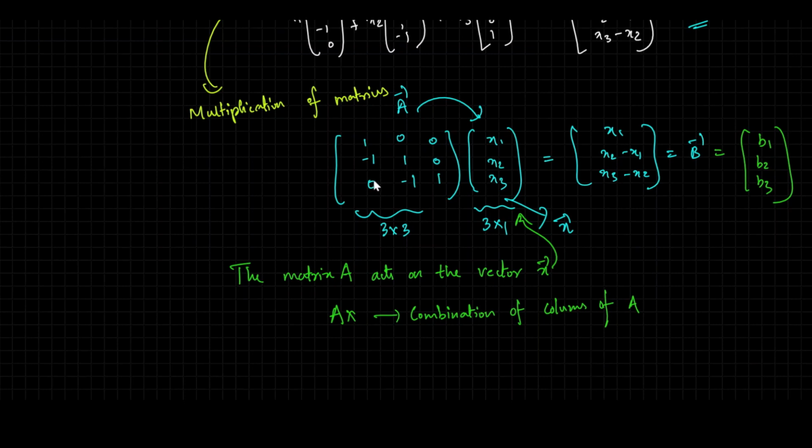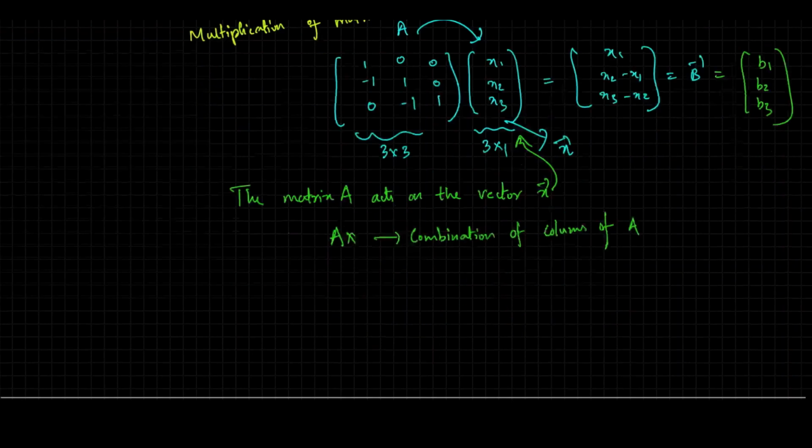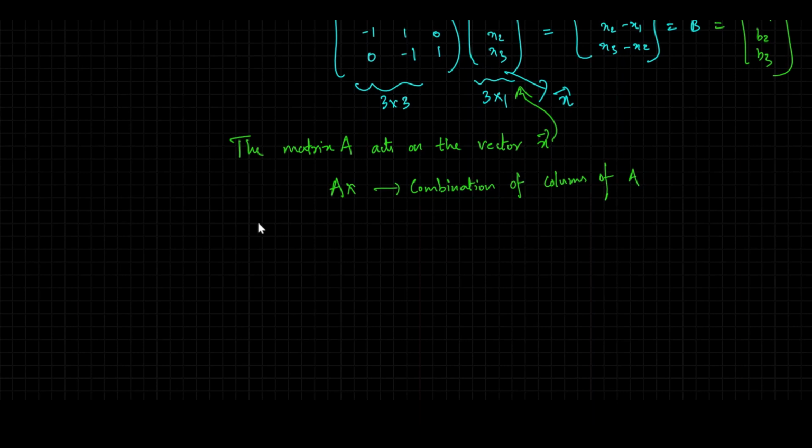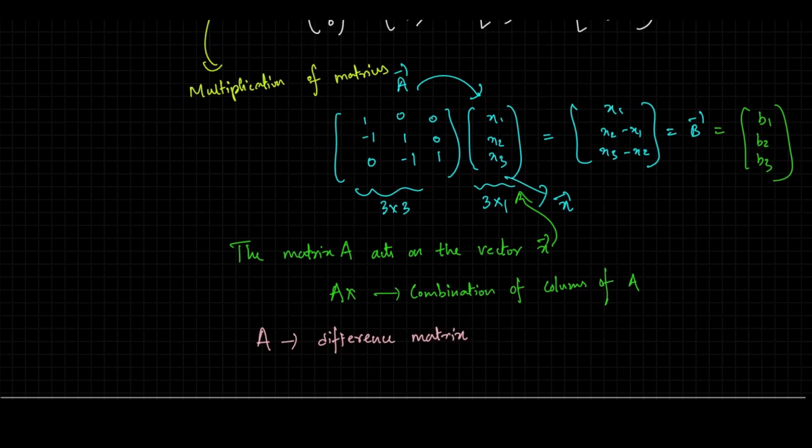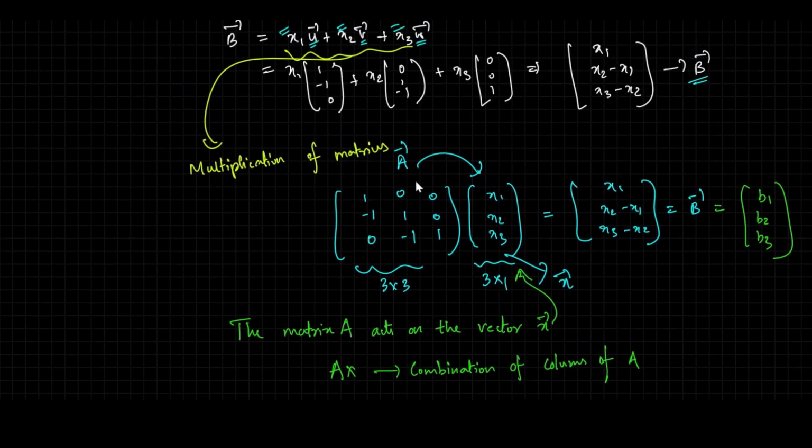So this A matrix, pink looks good, can be termed as a difference matrix. Why am I terming it in that fashion? Because you can see here, when you act matrix A on the vector x, its components are getting subtracted from each other.